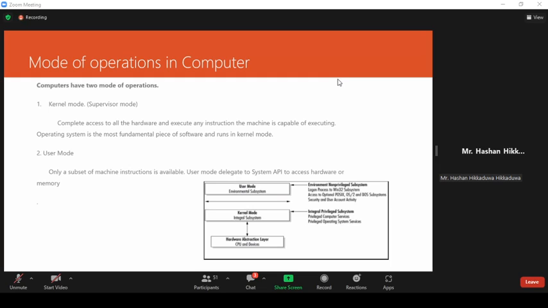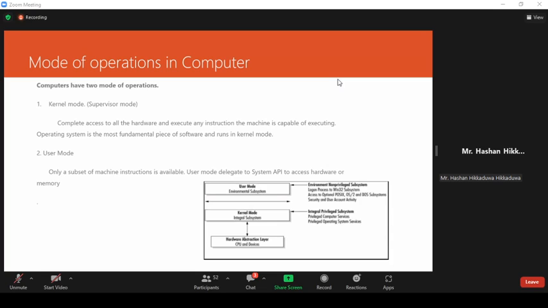So if you are working in the kernel mode, you can deal with virtual memory, you can deal with device drivers. Likewise, you have complete access to all the hardware and can execute any instructions.